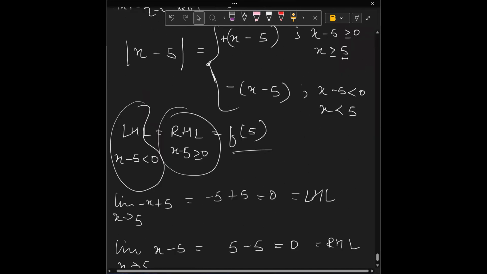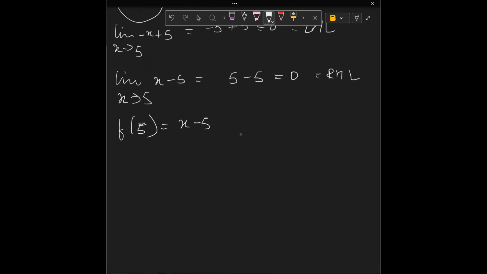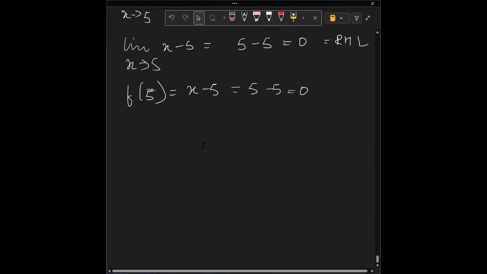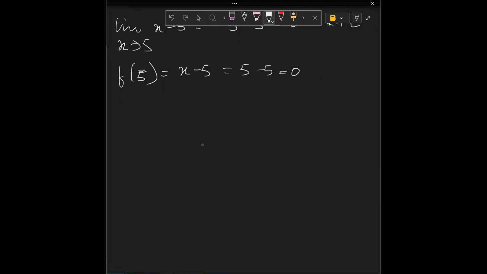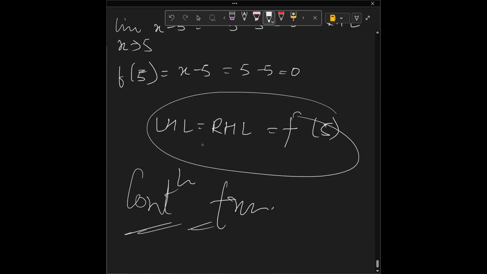Because at equal वाले case पे आपका x minus 5 है. So this is going to be 5 minus 5, that is 0. So आप check करो, LHL, RHL and function value all are equal. ठीक है? So you will say this function is continuous. समझ आया?